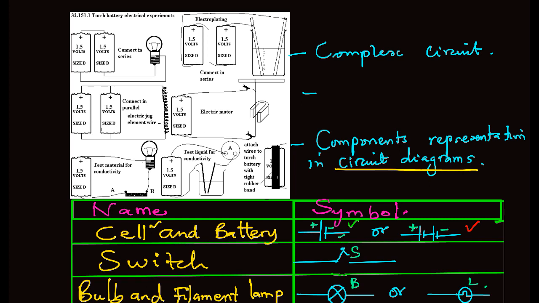We also have the switch. The switch is used for completing circuits, so that if we want to control the circuit so that current flows or is prevented from flowing, we use a switch. The symbol is as shown here.